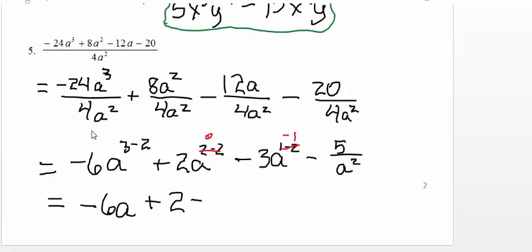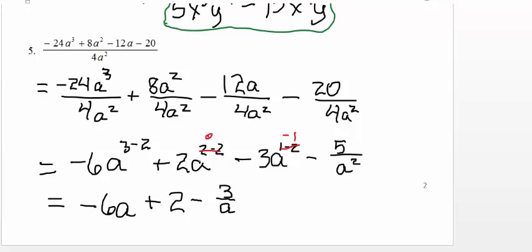So I write 3a to the negative 1 as minus 3 over a, remembering that the negative 1 exponent only applies to the a.